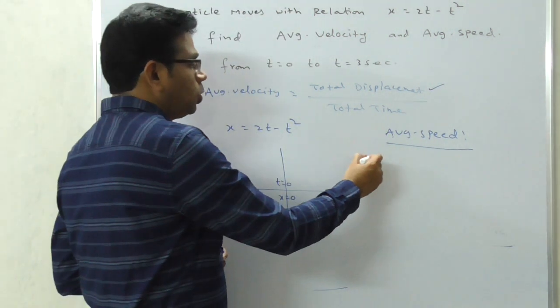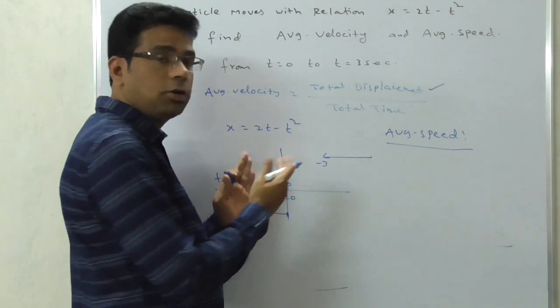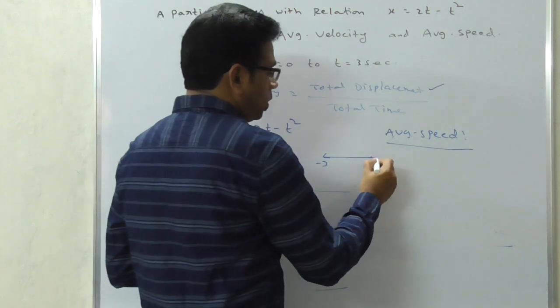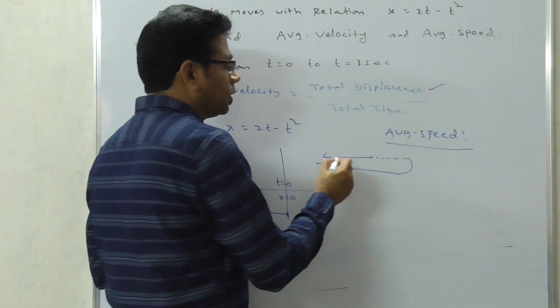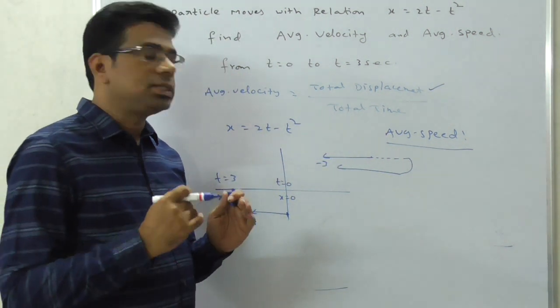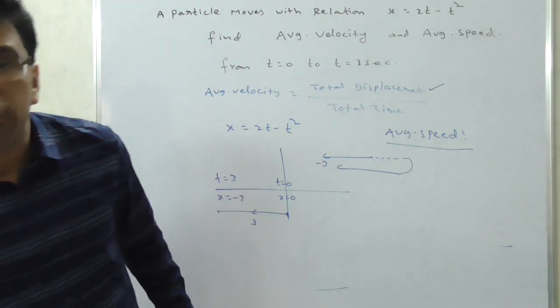Right? From 0 to minus 3, it moves directly, or after moving some distance from here, it may take a turn and come to here. You have to check this, whether there is a turn for the particle or not. How to check that?